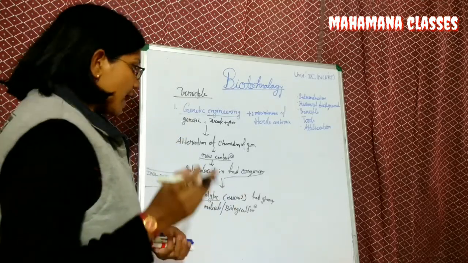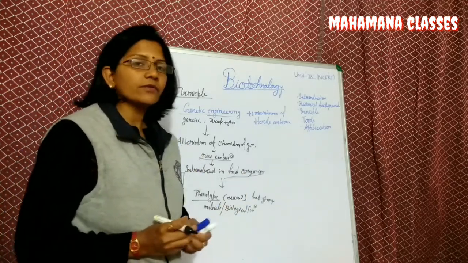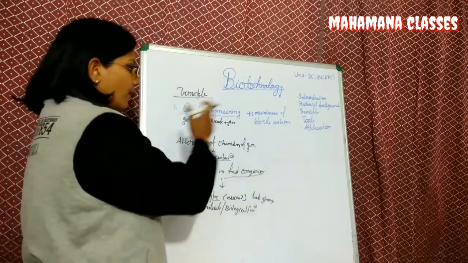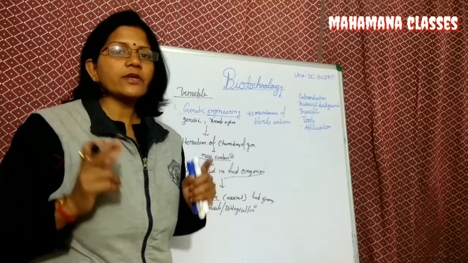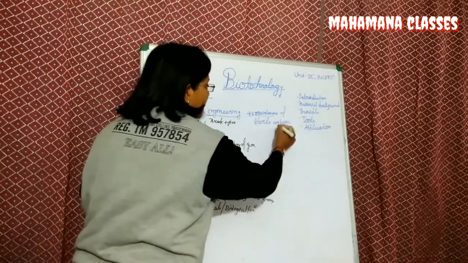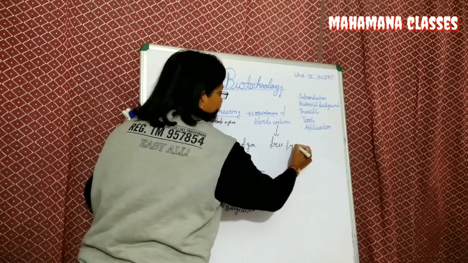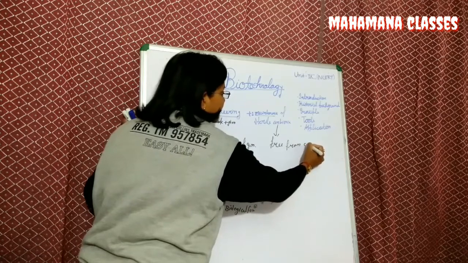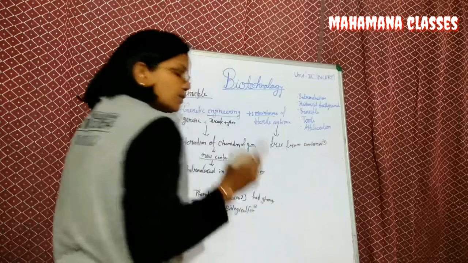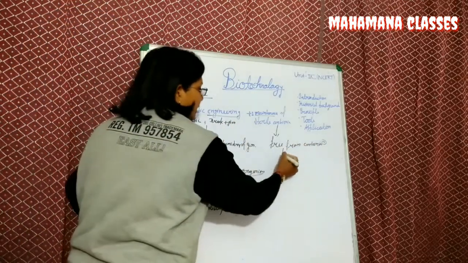At the time of its culture or multiplication, the very important thing is that the whole system should be free from any contamination, so that we get only our desired product alone.